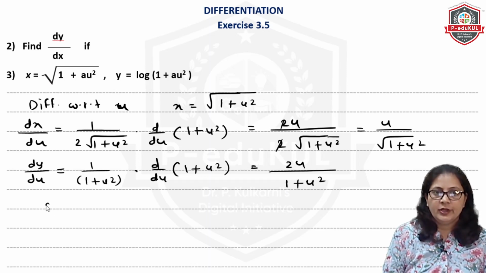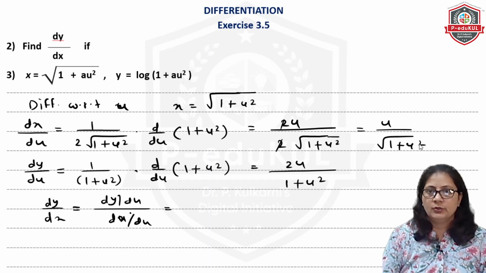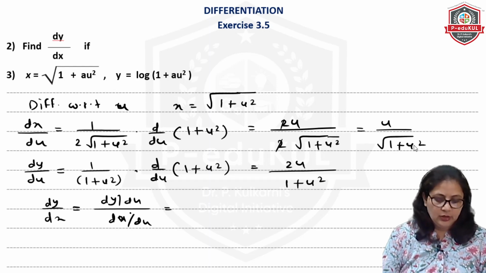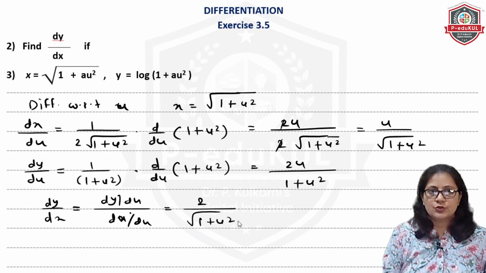And now we will calculate dy by dx. dy by du into dx by du. So that one root of this 1 plus u square, this will get cancelled with 1, and then final answer you will get it as 2 upon root of 1 plus u square.